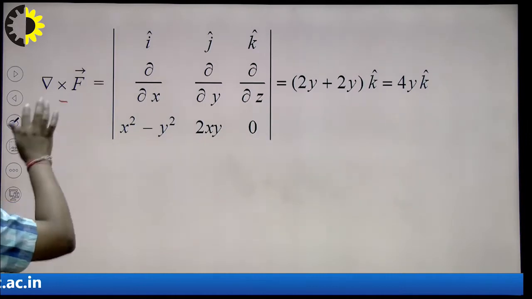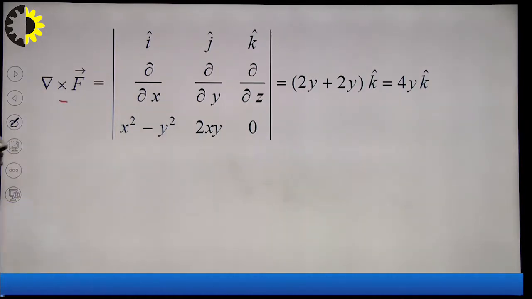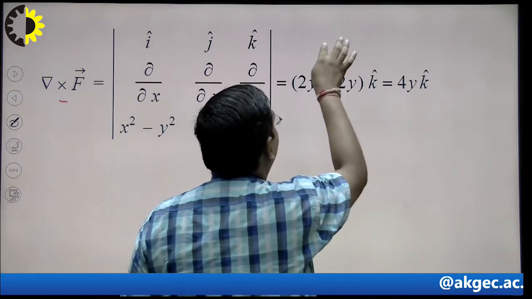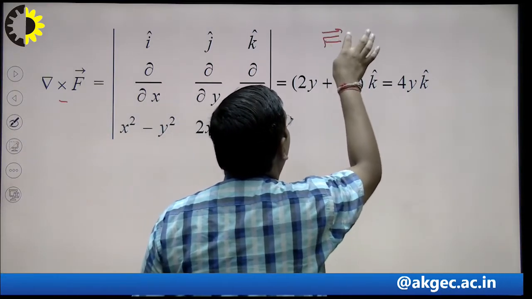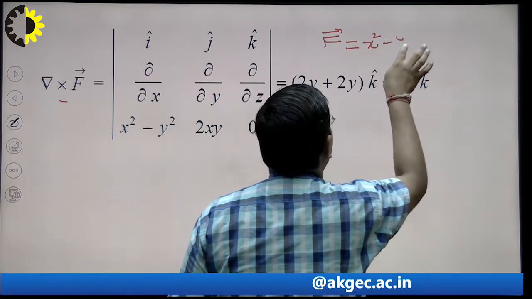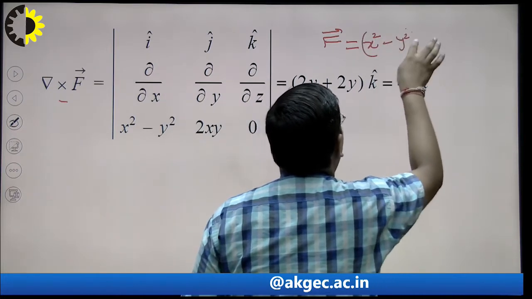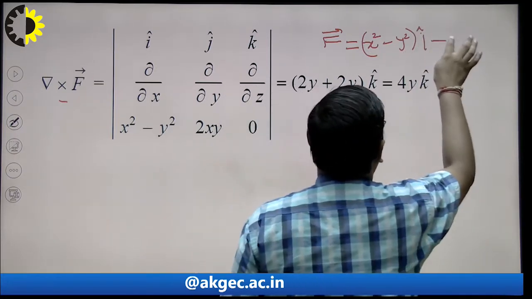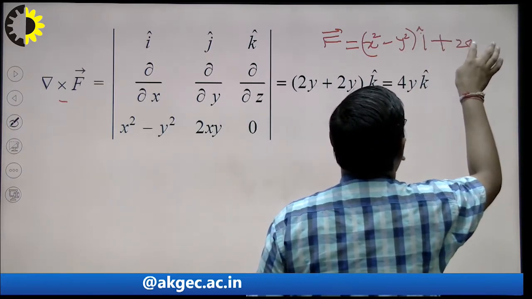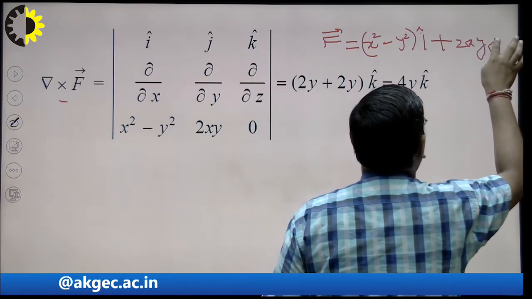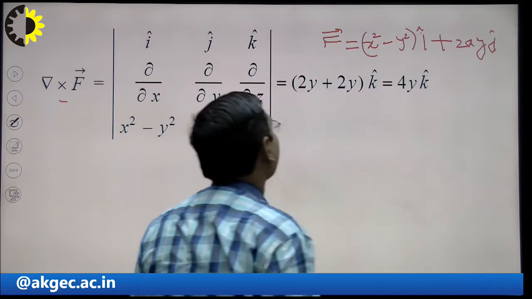The del cross f will be calculated by the formula of curl. We recall that the value of f was x square minus y square i cap plus 2xy j cap.